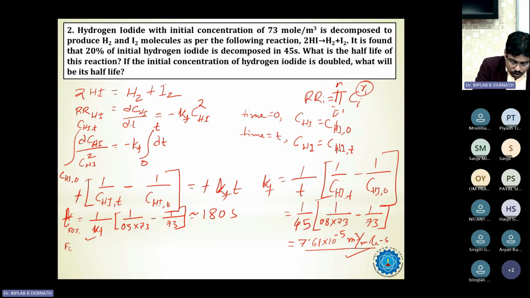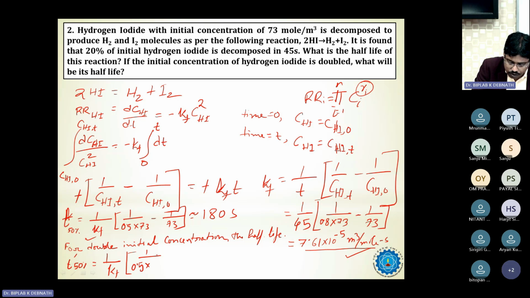So for double the initial concentration, the half life, t dash 50%, is equal to 1 by kf, within bracket 1 by 0.5 into double the initial concentration, right?